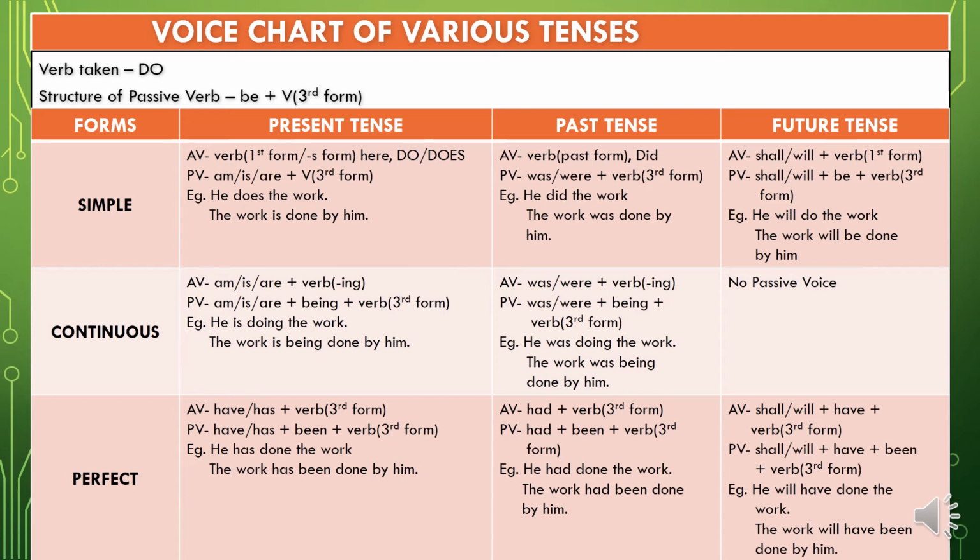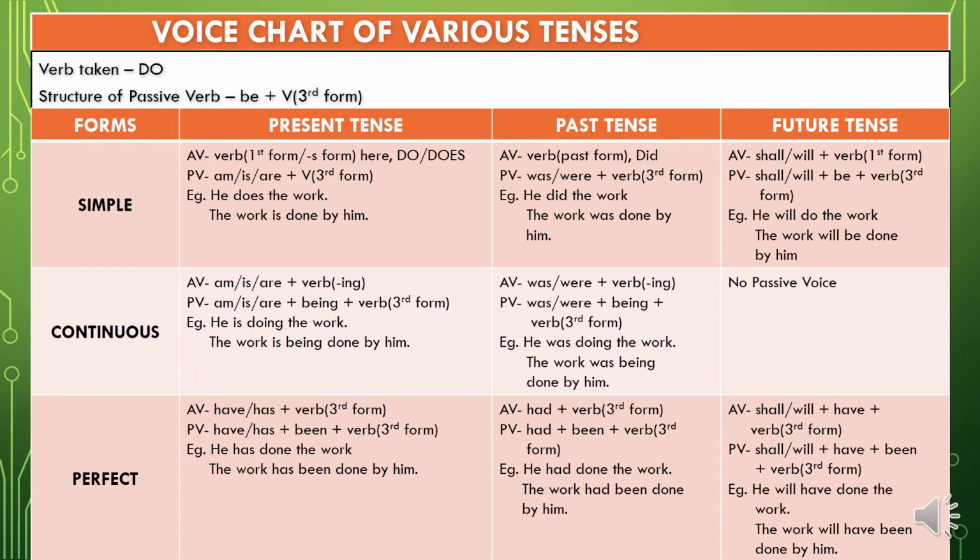Then let us come to future perfect tense. All of you know the structure of the active form of the future perfect tense, that is shall or will plus have plus the past participle form of the verb. For example, he will have done the work.